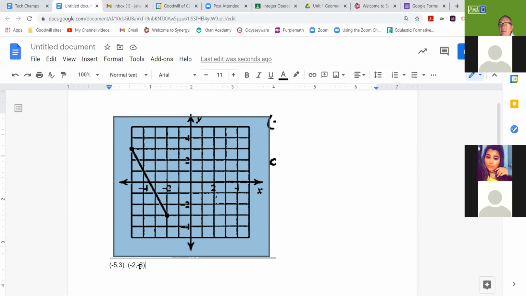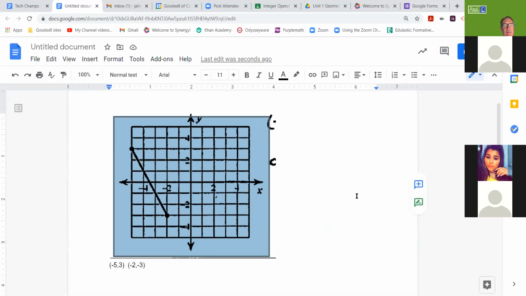But if I wanted to do this as the Pythagorean theorem, if I took this angled line here and went straight down from the top point and over to the right one, I would have a distance of 1, 2, 3, 4, 5, 6 on this vertical side. So that's my change in y, right?